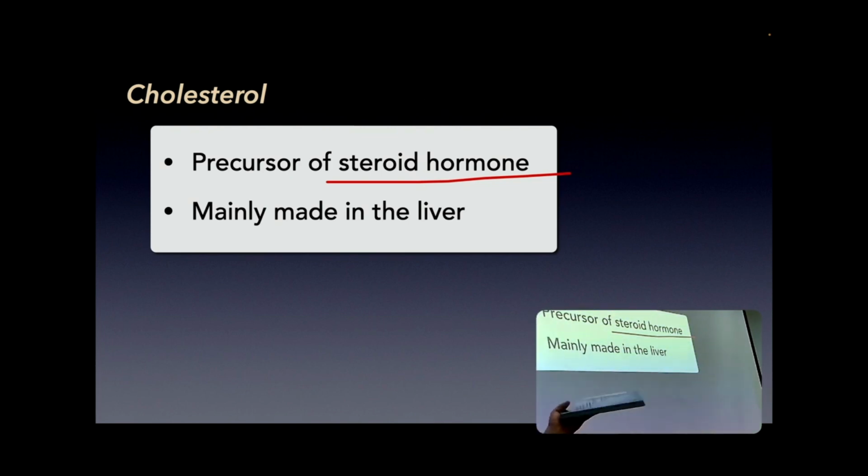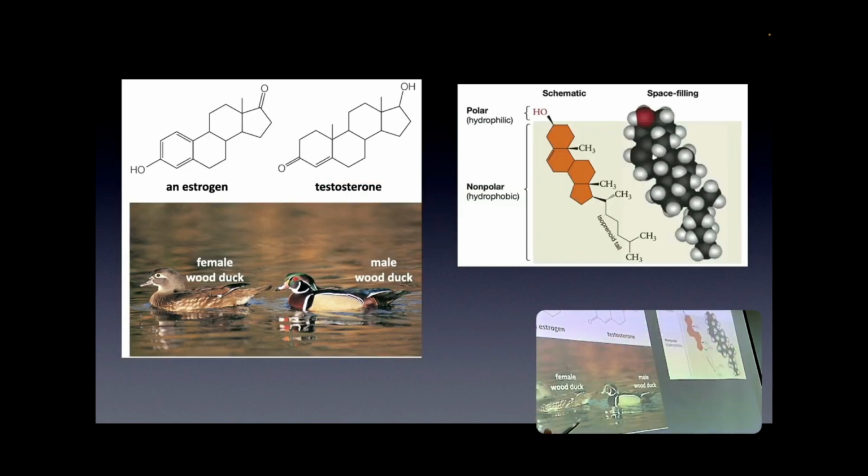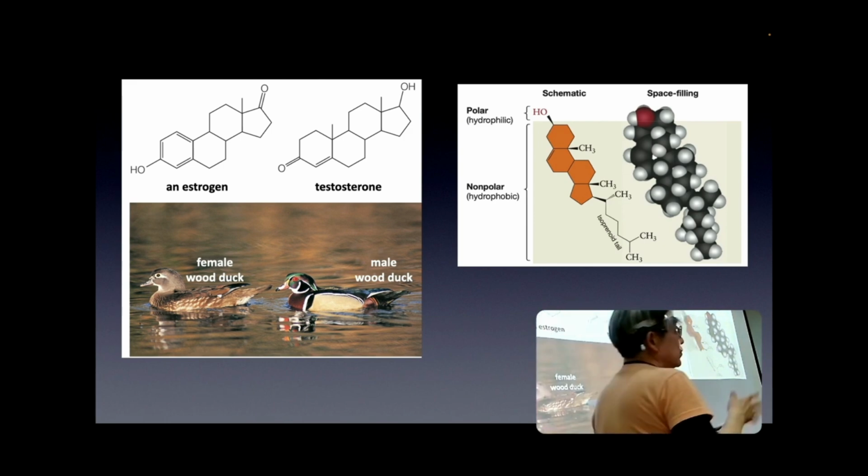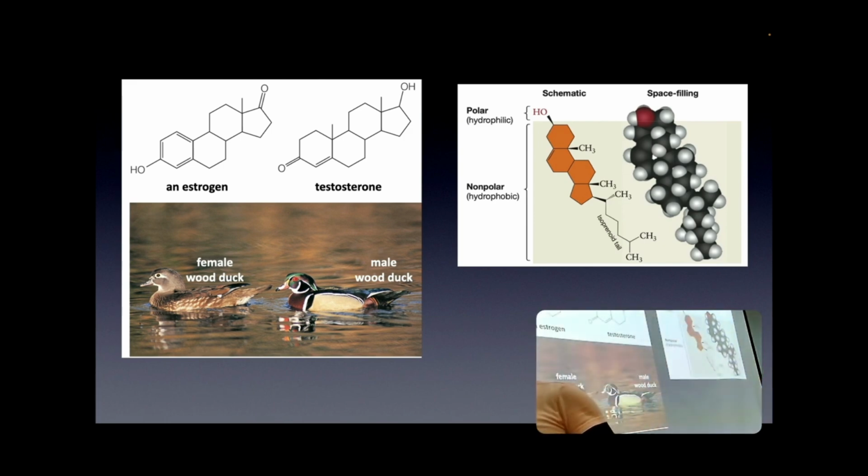Okay, glucocorticoid is another cholesterol-based hormone. You don't have to put the names in your poor brain. Who cares about the names? So this is a precursor of a steroid hormone. It means if you ever want to synthesize any type of steroid hormone in your body, you have to start from cholesterol. Okay.